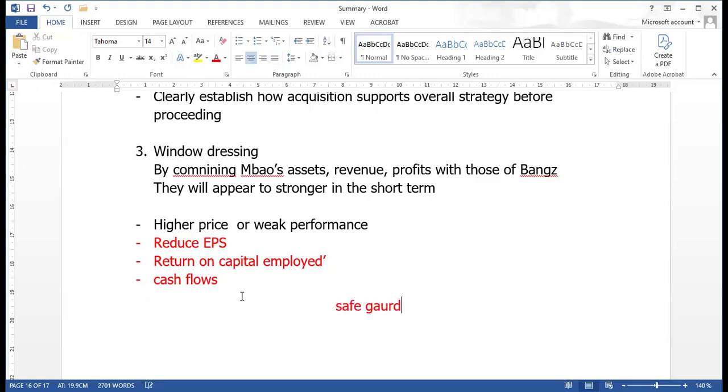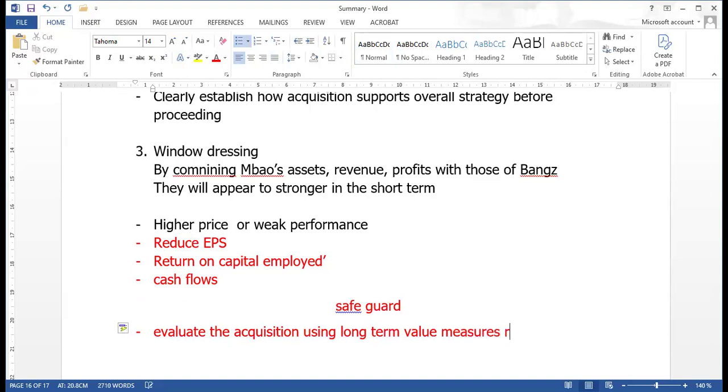Now, the safeguard on this window dressing is that you must evaluate the acquisition using long-term value measures, rather than focusing on growth in revenue, assets or market size.